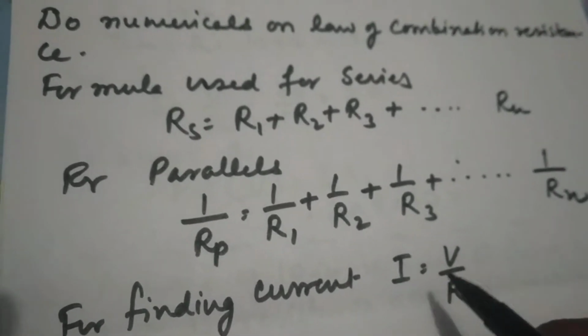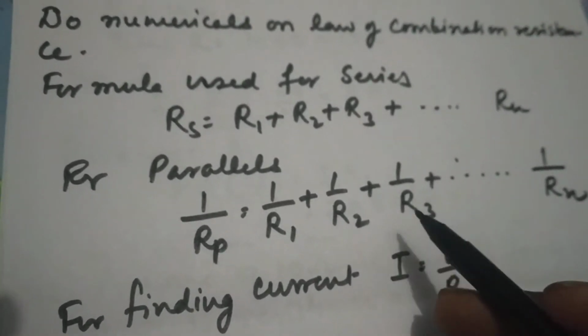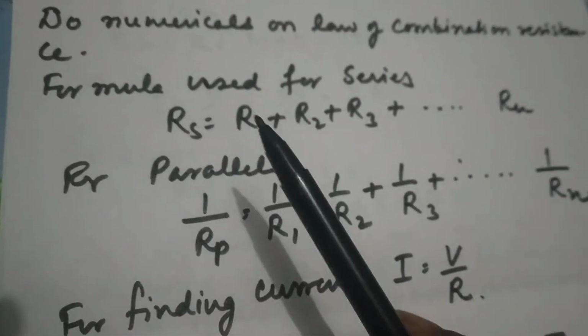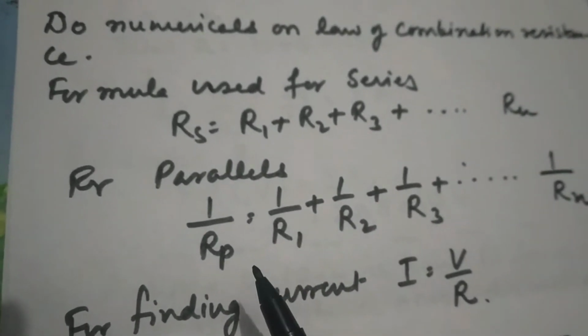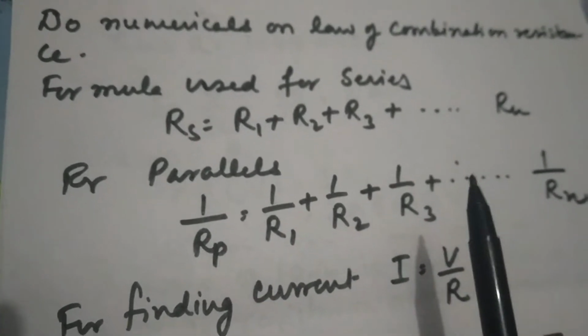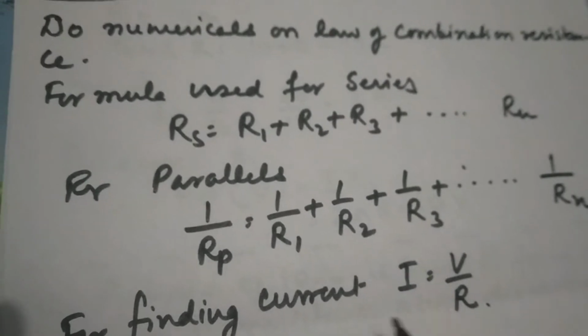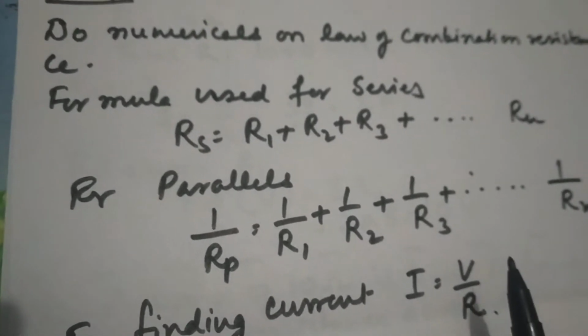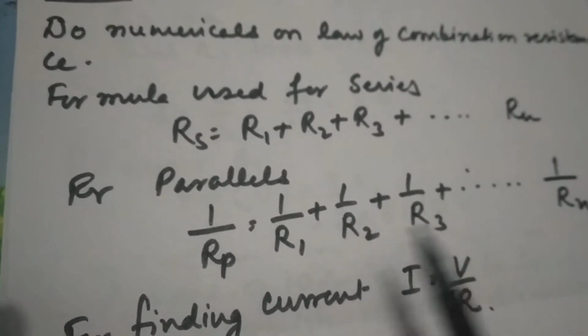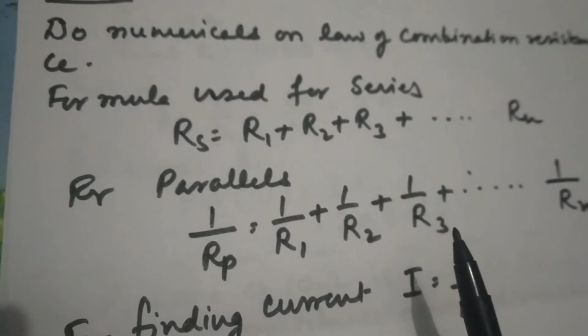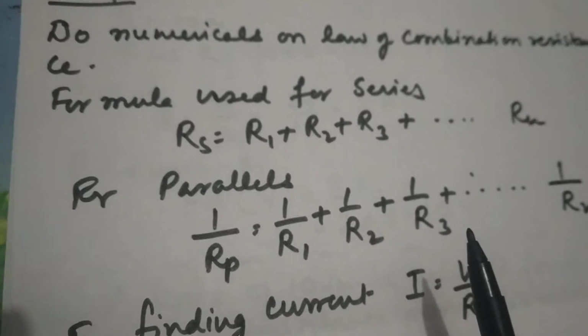Already we have done 3 numericals based on laws of combination. So we are going to use this formula for the series, and this formula for the parallel. And in case you are to find the current, we need to use the formula I = V/R. So you must be clear about all these formulas and the methods of combination which have to be used during the numericals.